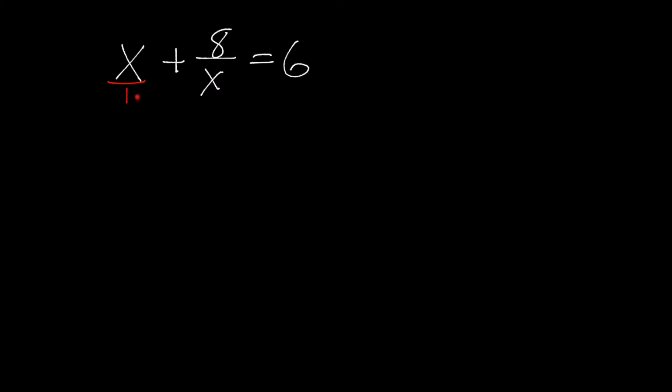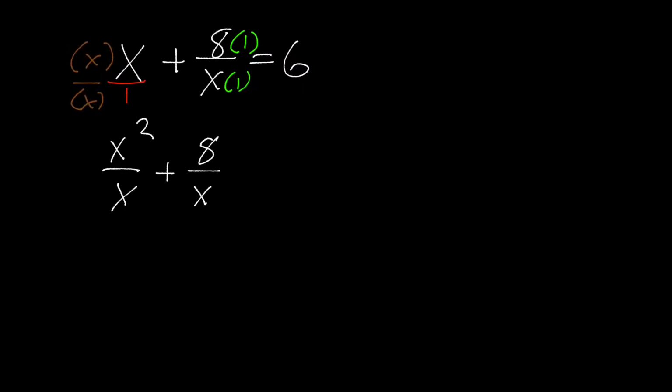So, since this denominator is 1, I can multiply top and bottom over here by 1. And since this denominator is x, I can multiply top and bottom here by x as well. And let's take a look at what we get. If I do that, I end up with x squared over x plus 8 over x equals 6.